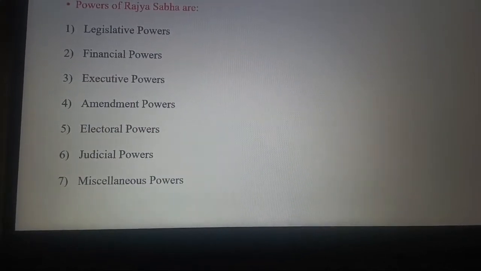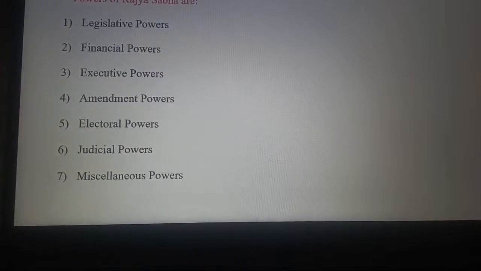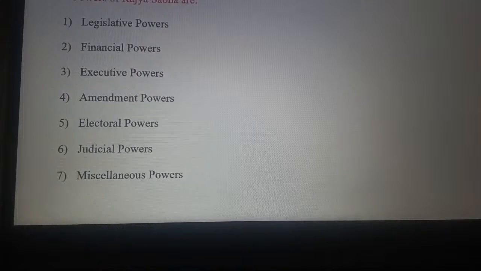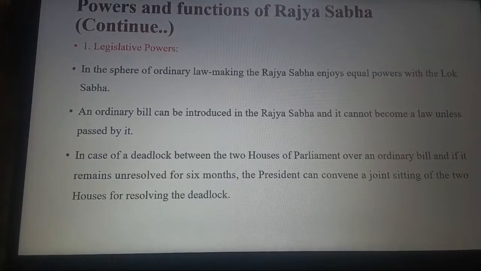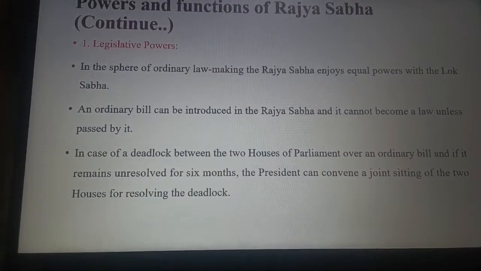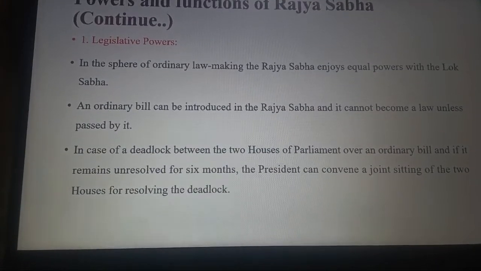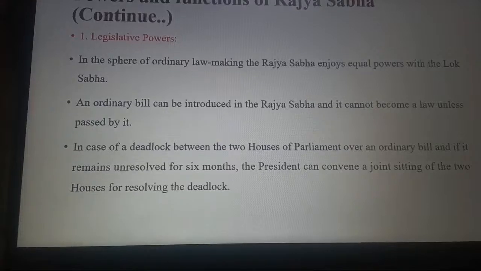Powers of Rajya Sabha. Powers of Rajya Sabha are legislative power, financial power, executive power, amendment power, electoral power, judicial power, miscellaneous power. Legislative powers. In the sphere of ordinary lawmaking, the Rajya Sabha enjoys equal powers with the Lok Sabha.